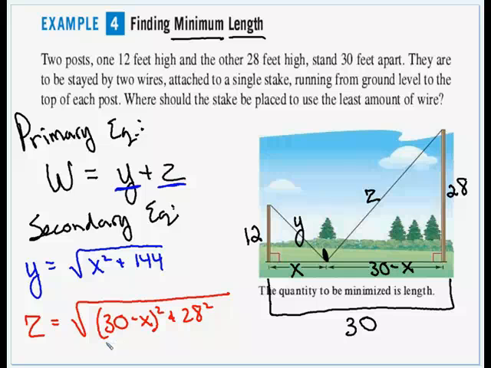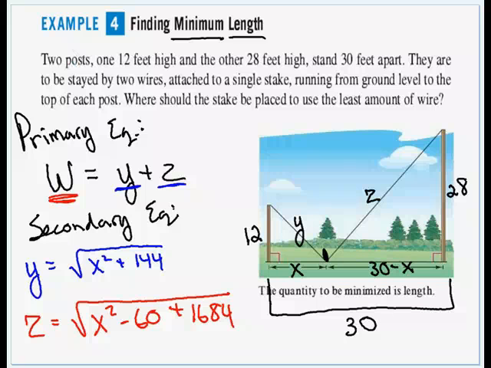And what we can do is expand that binomial and square the 28 and collect our like terms, and what we're left with under that radical is x squared minus 60x plus 1684. So we have our primary equation, the one we want to minimize, W equals the lengths of the two wires, and we have expressions for the lengths of those two chunks of that wire.